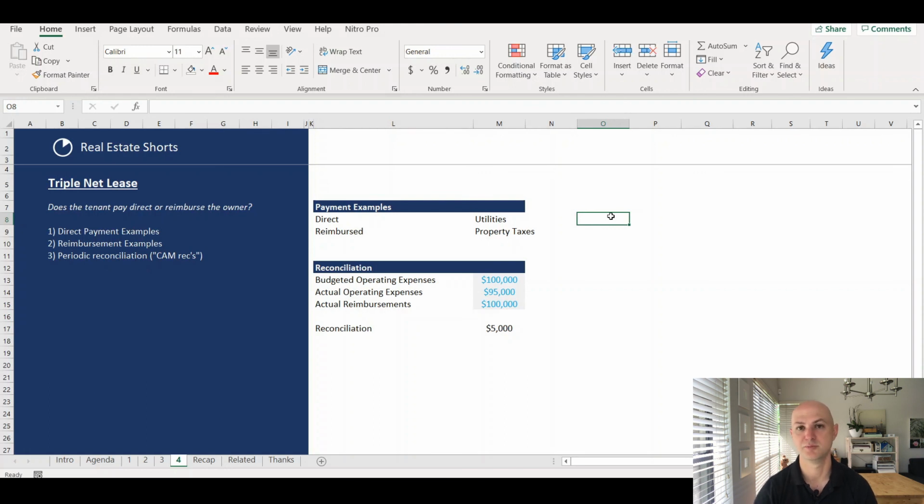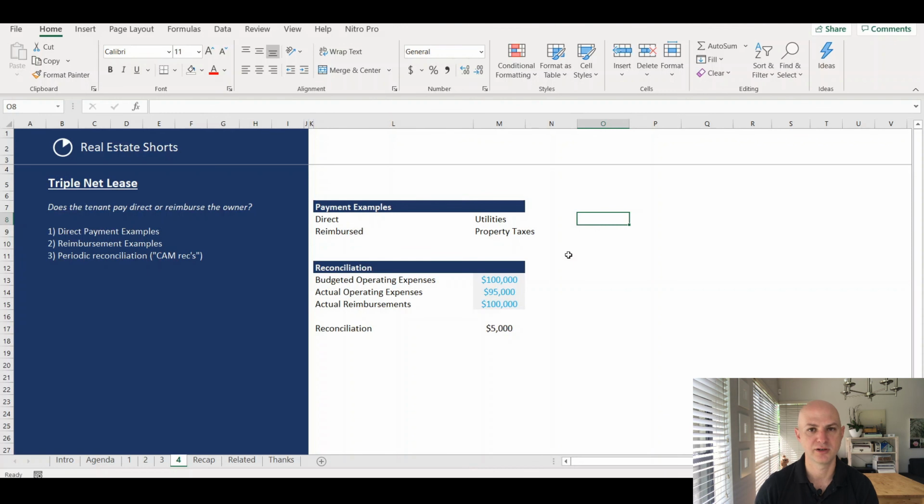So ask the tenant to put the utilities in their own name, and then they simply pay direct, so that if they don't pay, they're dealing directly with the utility company instead of with the owner. I think, on the other hand, property taxes could be a reimbursed item. So the owner is going to collect the bill because it's the owner of the property that gets taxed. And then they shift the bill or move the bill or ask for a refund on the bill to the tenant.